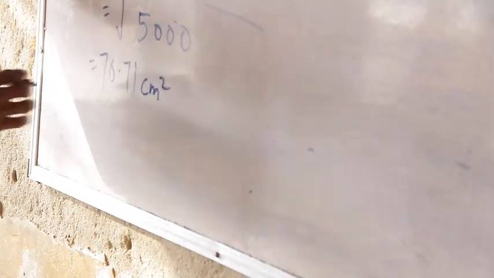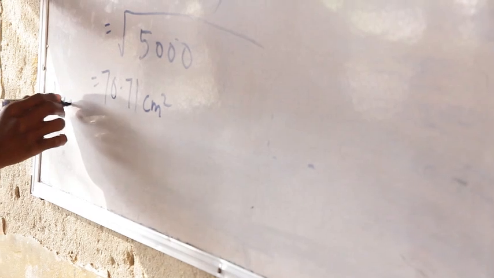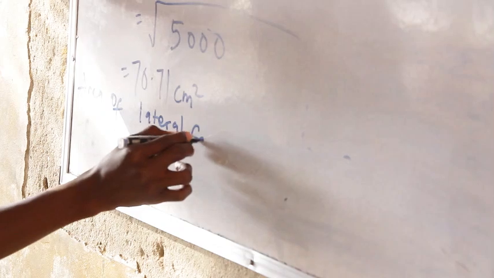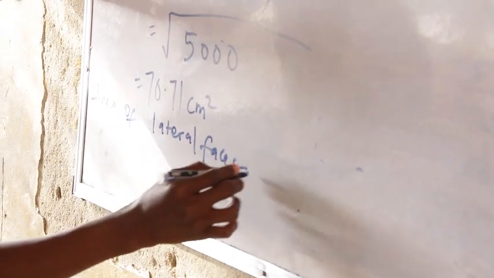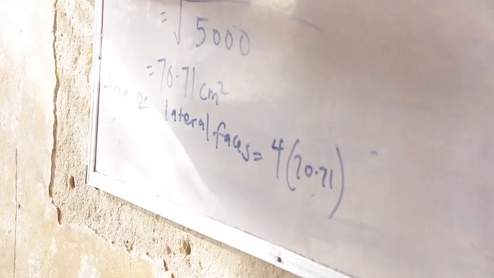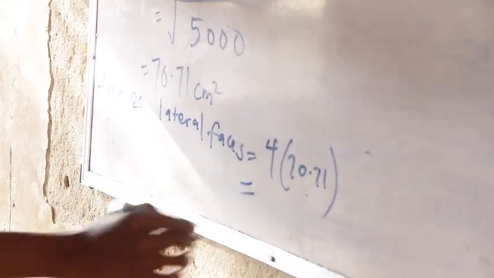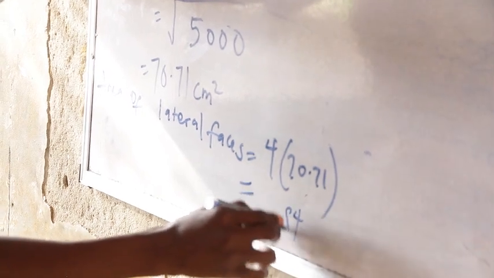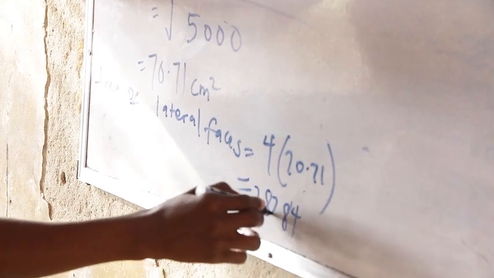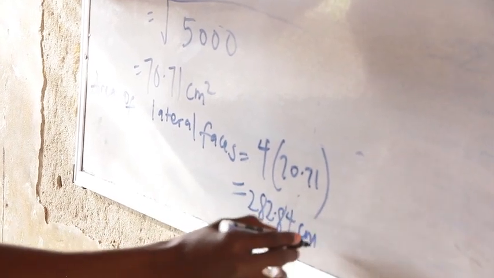Oh, yeah. So we are continuing. Four times area of that triangle. Do not forget this. 0.84, okay?